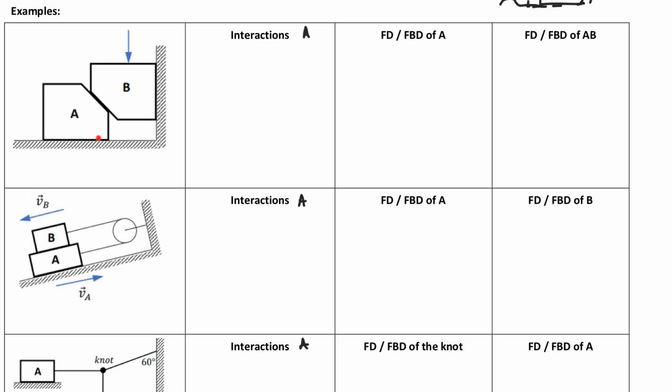And we can see it's interacting with the ground. So we got A, ground. Within the ground, because it's a surface, two surfaces touching, parallel, it could be pushed from B in this direction. So there's some frictional force.